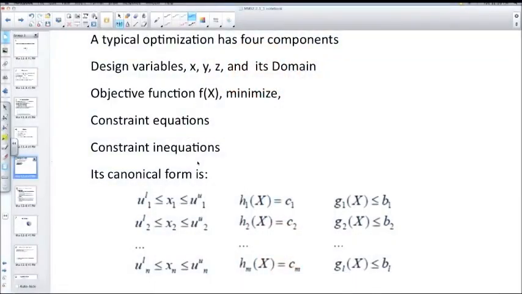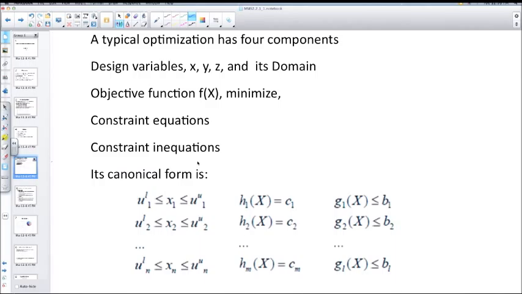Now, a typical question has four major components. First, you have so-called design variables, x, y, z. That's the quantity you're going to find to maximize your objective function.